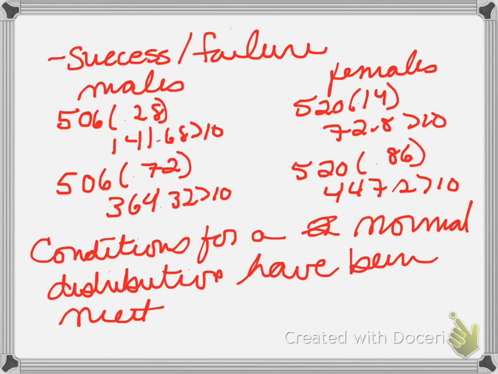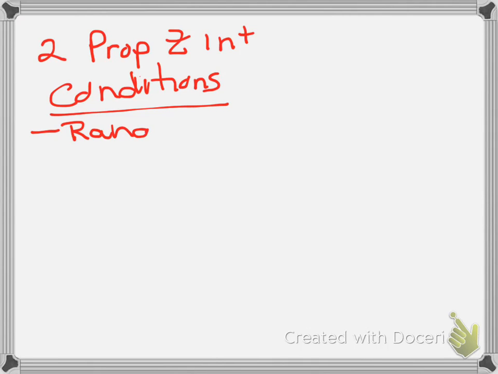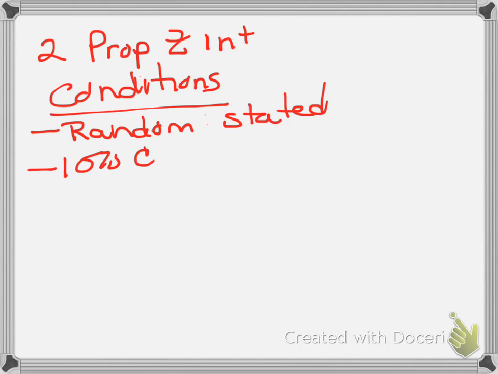So the first thing that we need to do is say we're doing a 2 prop z interval. We need to do conditions. I believe that they said that they were chosen randomly. Okay, so my 10% condition, you can do them all together or you can do them separate.